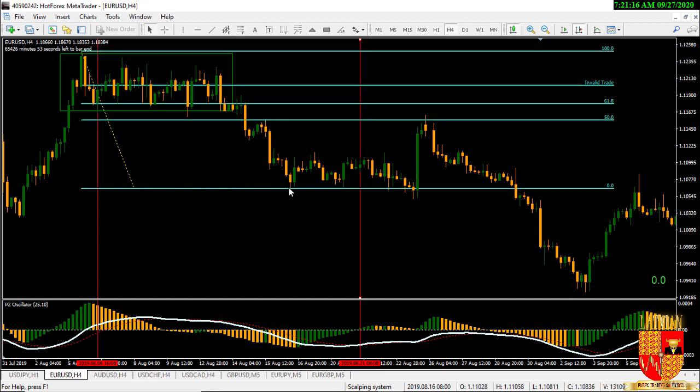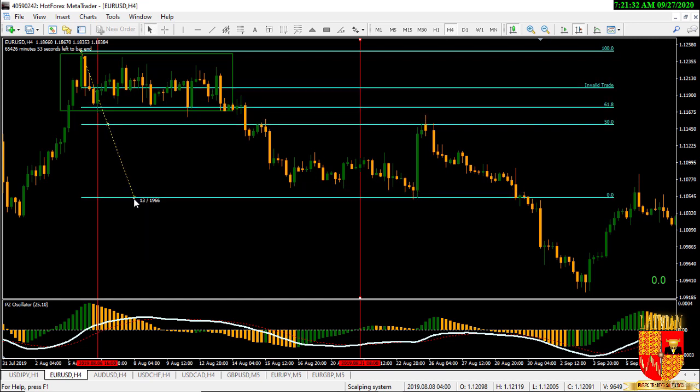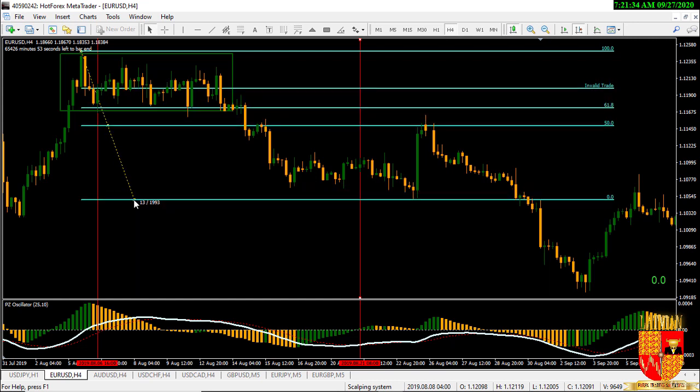But then the problem is during this period, we did have an extension to the downside there, but your histogram did not go below the 0 line, okay. So what do you do? You extend it to the lowest point right there, okay.